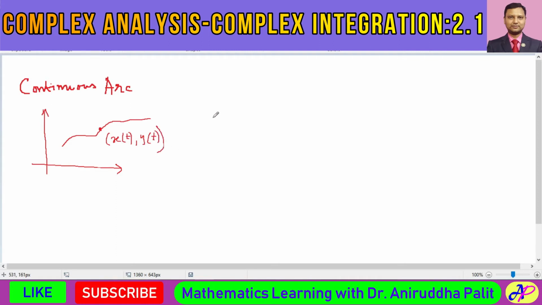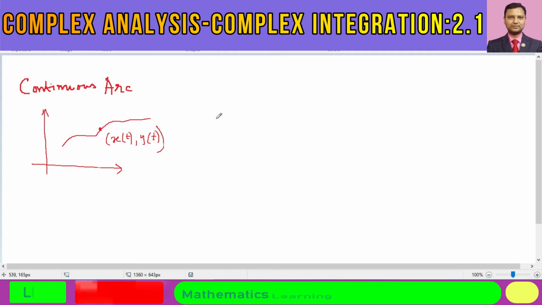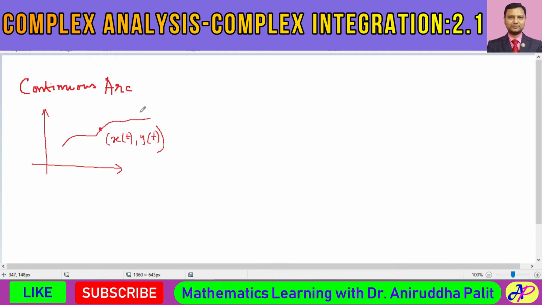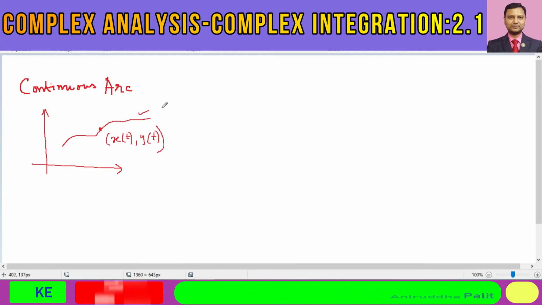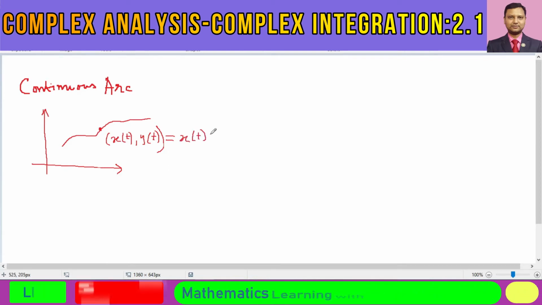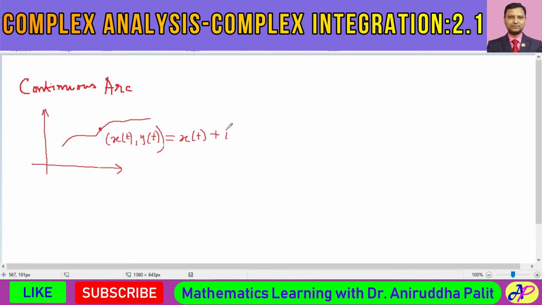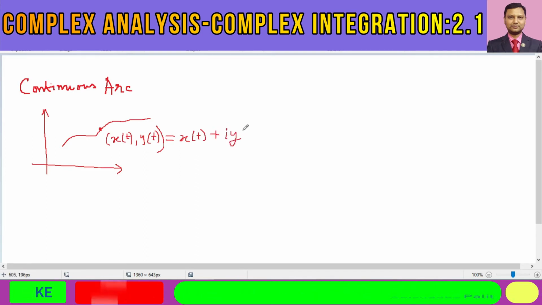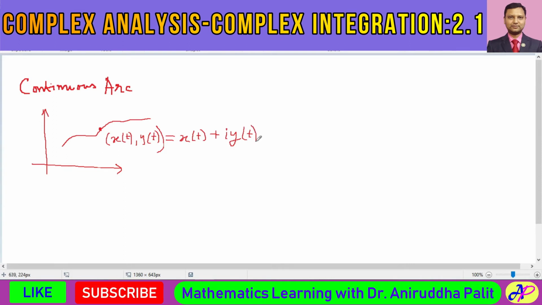Now, we say that this kind of arc or curve, whatever you call it, in terms of complex numbers, can be written as x of t plus i into y of t, and that is equal to z of t.